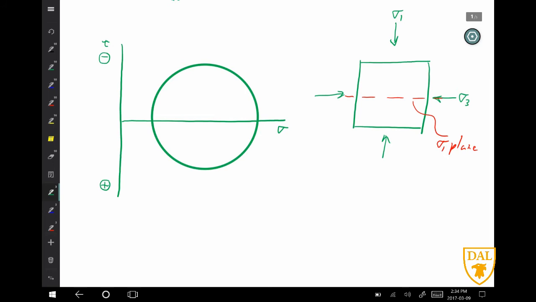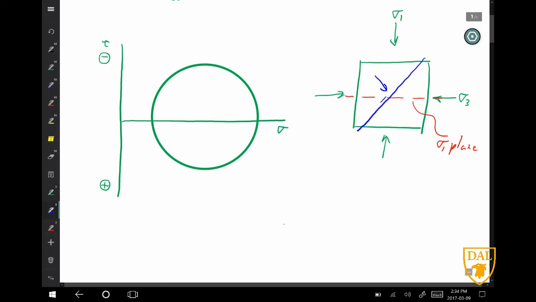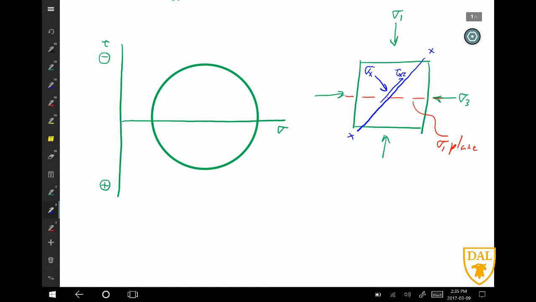One of the typical questions that you'll get with a Mohr circle is, what is the state of stress on a plane at some angle from the principal stresses? We want to know the normal and shear stress acting on this plane. We'll call it the x-plane. So we'll call that sigma x, and this tau xz.